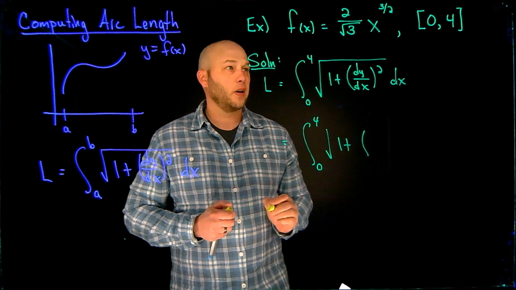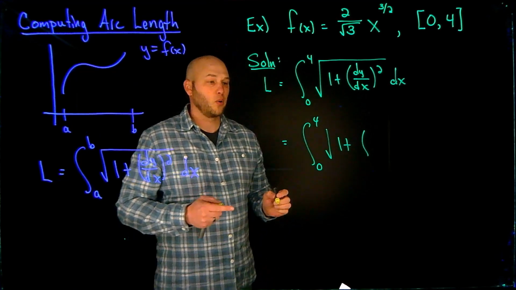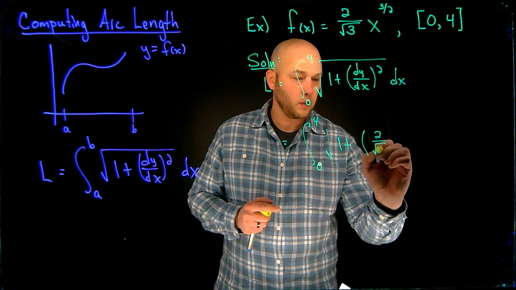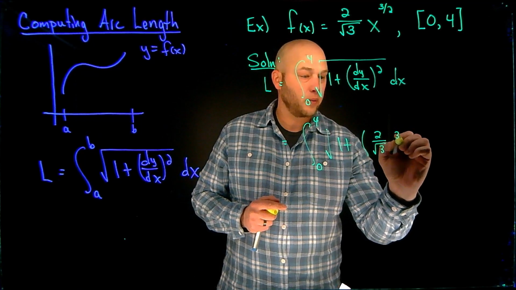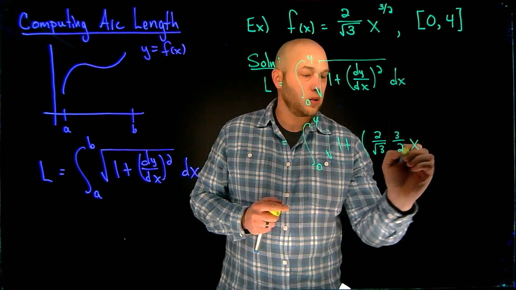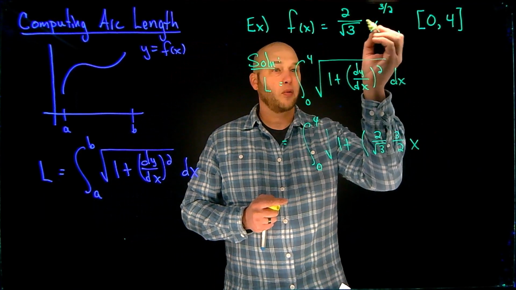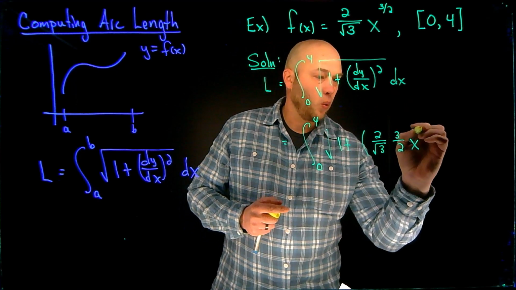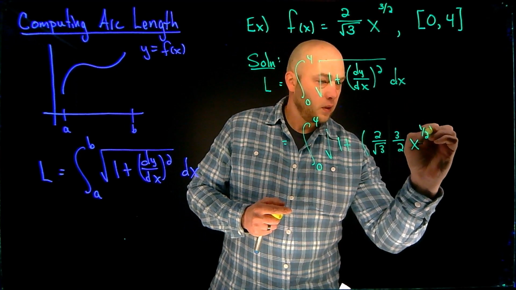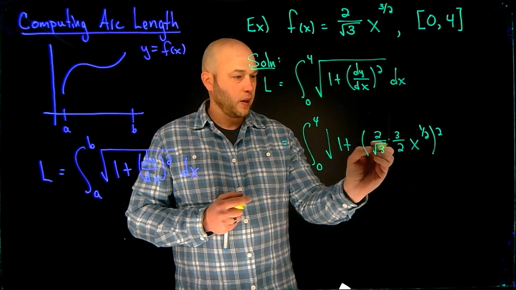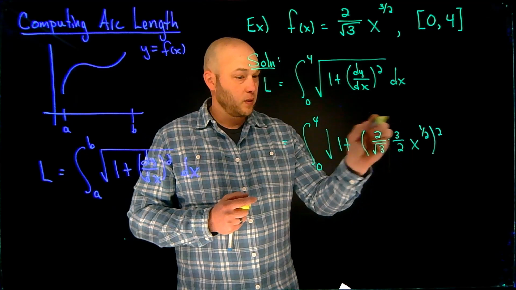Let's differentiate that. Using the power rule, this would be 2 over root 3, the exponent comes down, so 3 halves, x to the, and the exponent reduces by 1, so 3 halves minus 1 would be 1 half. There's the derivative, which will simplify a little bit. We can multiply those coefficients, and then we'll square it, dx.